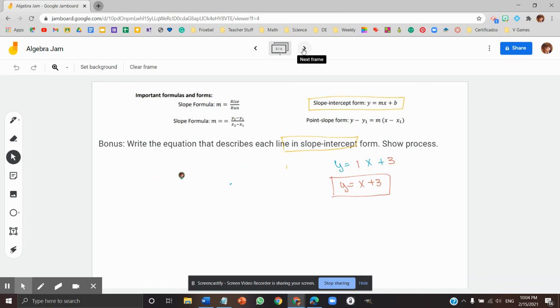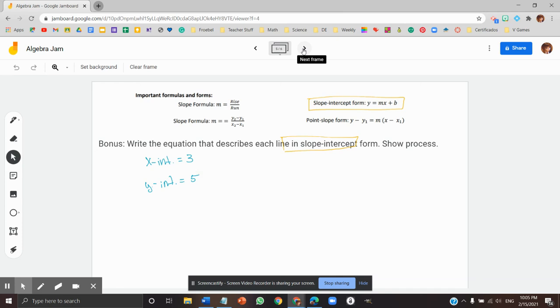For example, what if I give you the x-intercept and I tell you that that is 3, and I give you the y-intercept, and I tell you that this is 5. Let's put some numbers there.